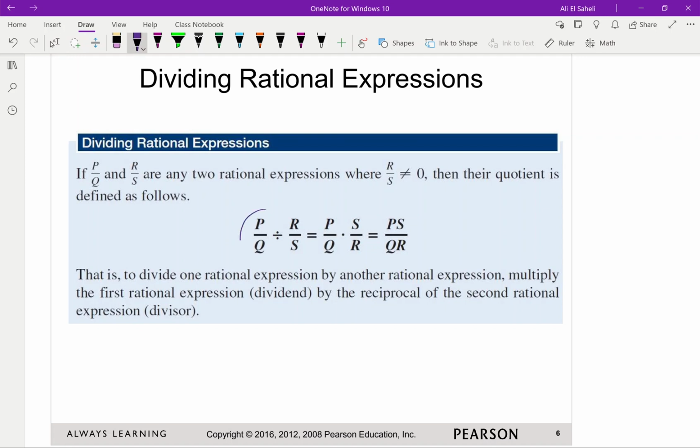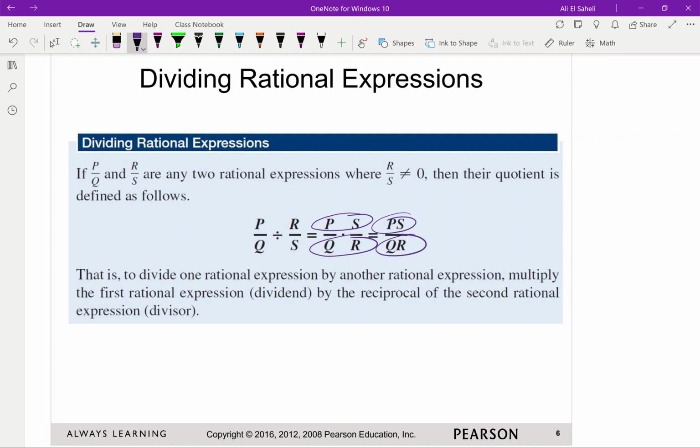If you want to divide this rational expression by r over s, this is the same as multiplying the rational expression p over q by the reciprocal of r over s. So basically we just flip this. R over s becomes s over r, and the problem of dividing becomes a problem of multiplying. Now we know how to multiply rational expressions, and we're done.